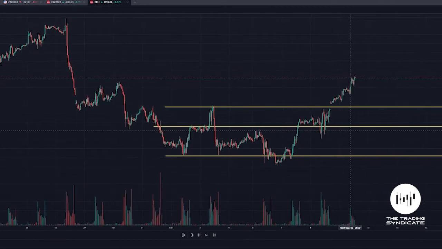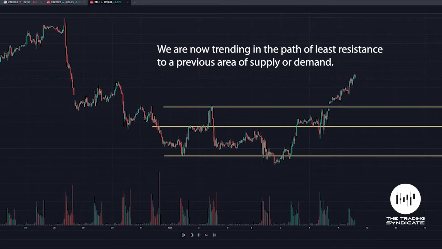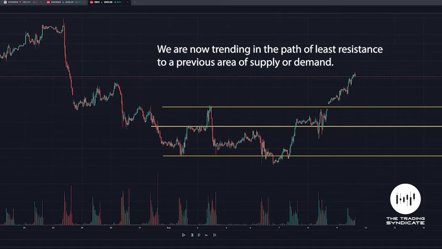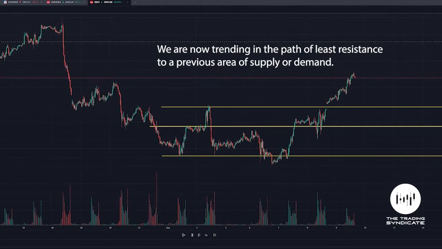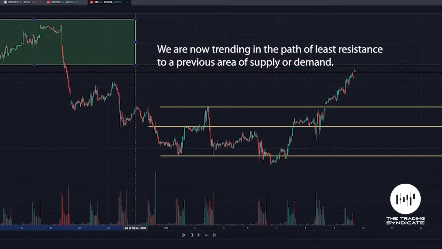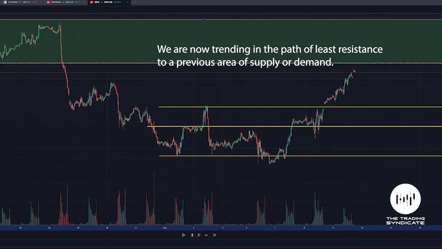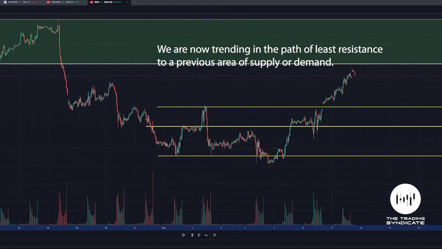Now that trend is confirming that this is a breakout, we look for the next area of distribution, which we believe to be our former area of supply.